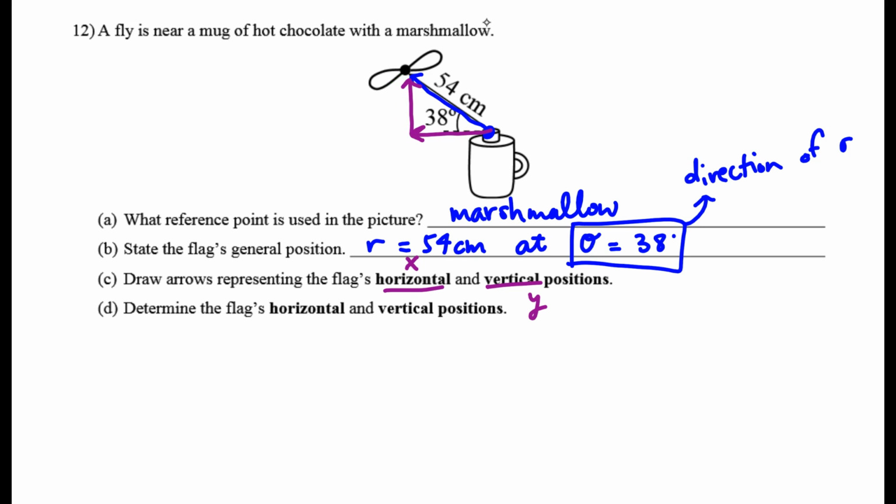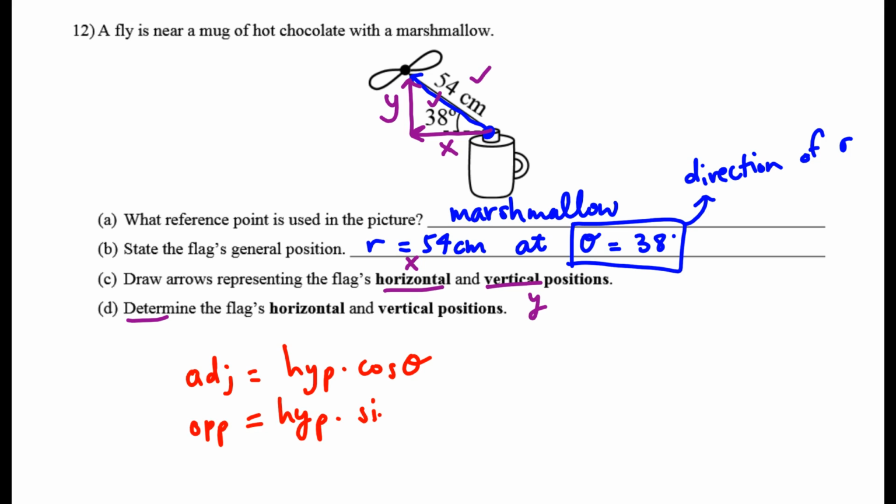Okay, let's label: x is horizontal, y is vertical. Now we have to determine, which means calculate, those positions. Look at what we've got. We know the hypotenuse and we know the angle. We have equations that say adjacent equals hypotenuse cosine theta, and opposite equals hypotenuse sine theta. These are on the equation sheet, and we can plug in to find our answers.